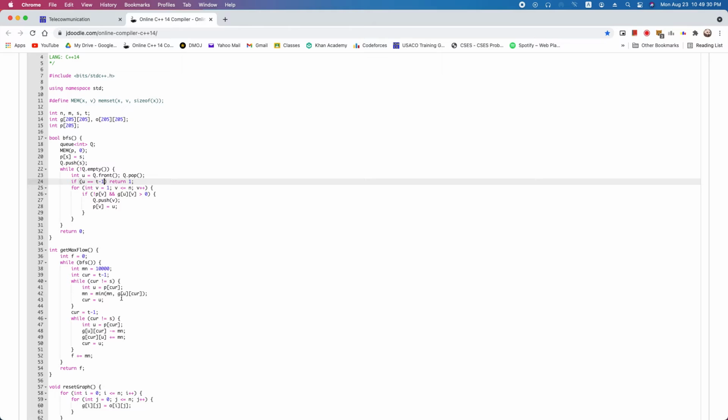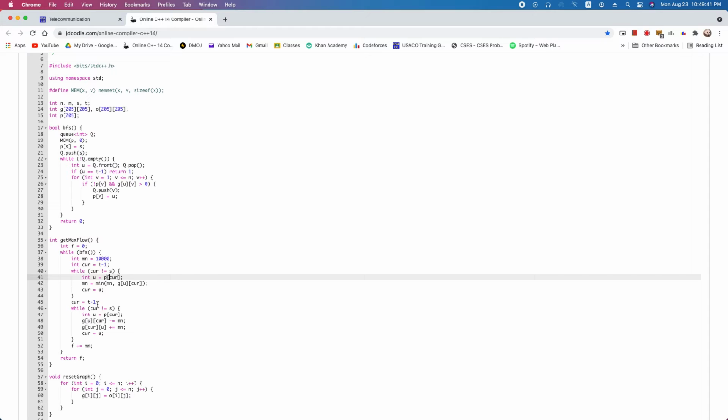And if we do that, then that path will also be included in this path that we recorded, because the parent of t will be equal to t minus 1, and that will not be good because we could overwrite that edge, and then next time we won't be able to reach t no matter what we do. So we should just look at the path until the receiver node and not the ending node.